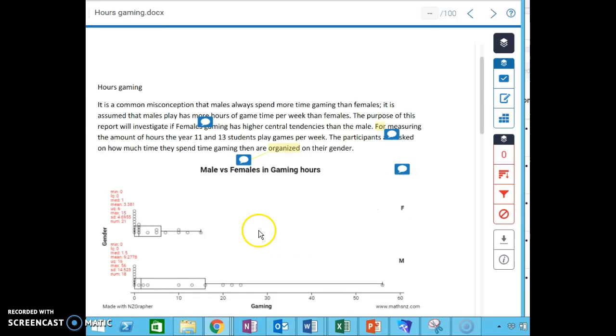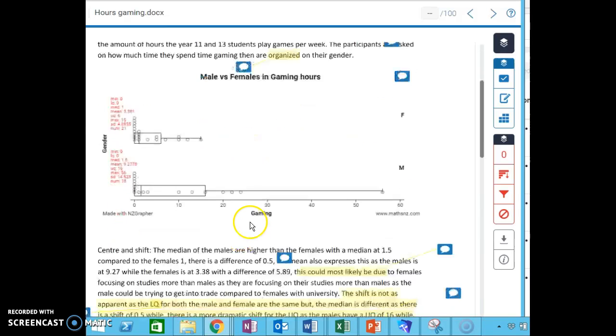Because I know this data comes from year 11s and year 13s, I suggest your population is, say, Sancta Maria year 11s and 13s. You're welcome to go wider, like year 11s and 13s in New Zealand. It's not wrong. You just need to write about that in your conclusion or in your evaluation. Think about how far your inference can go based on your sample.